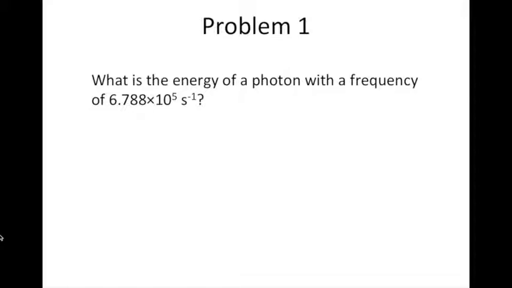Let's take a look at a problem. What is the energy of a photon with a frequency of 6.788 times 10 to the 5th seconds to the minus 1? Pause the video and give this problem a try. So we know that the energy of a photon is equal to Planck's constant times the frequency of that photon.